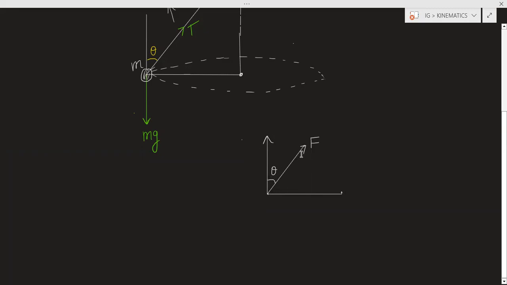So you can break this force along this line and along this line.